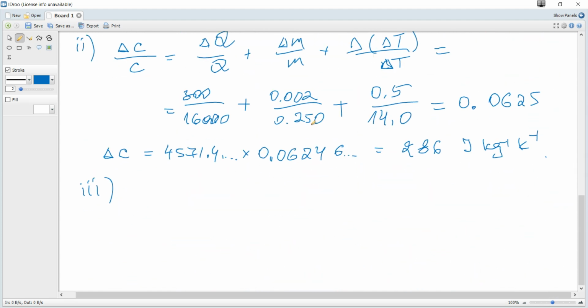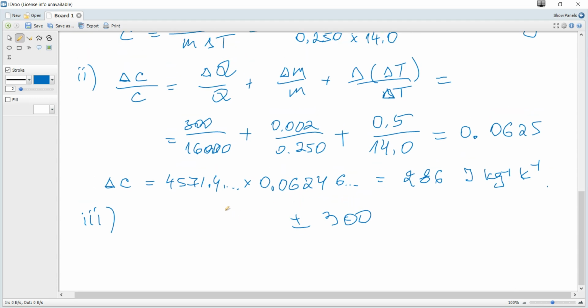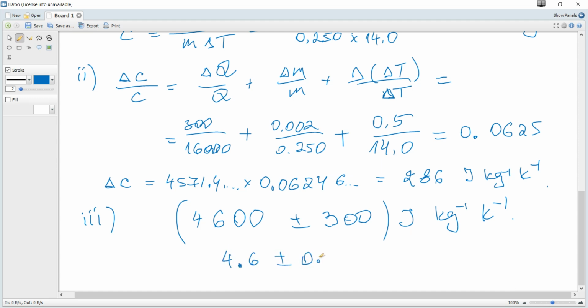Here, rounding is crucial, so delta C absolute must be to 1 significant figure, so it must be plus minus 300, and then the result also must be rounded to the hundreds, so it's 4,600 joules per kilogram per Kelvin, or it's 4.6 plus minus 0.3 kilojoules, or times 10 to the power 3 joules per kilogram per Kelvin.